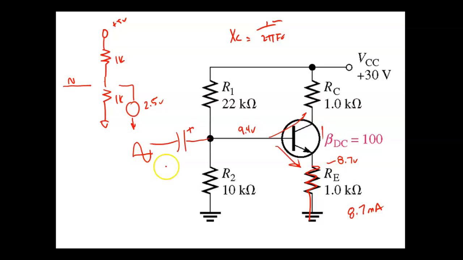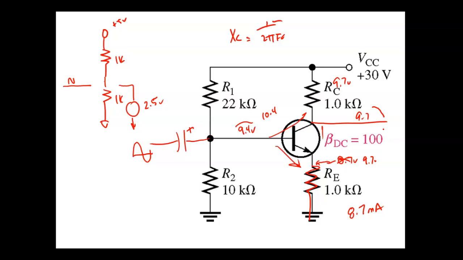So if I put 1 volt peak to peak, this is going to go up to 10.4. It's going to cause the voltage across the emitter to go up to 9.7, causes our current to go up to 9.7 milliamps, causes this guy right here to drop 9.7 volts, causes this output to start going down.